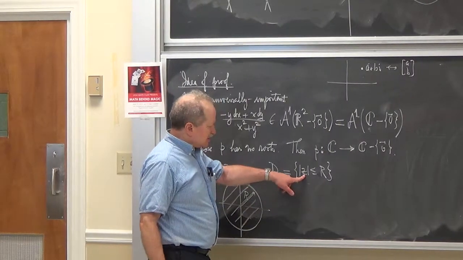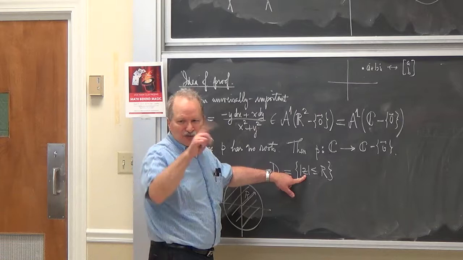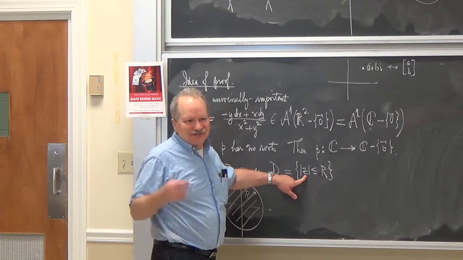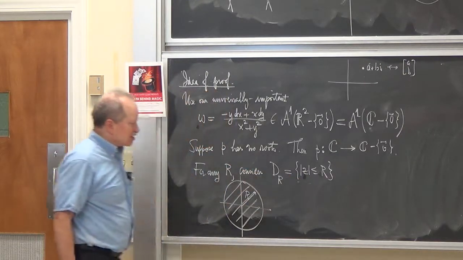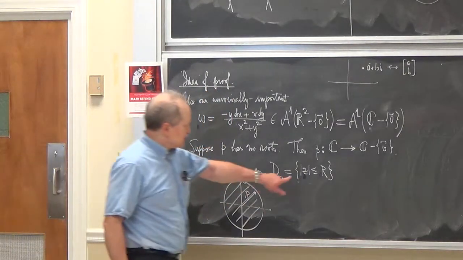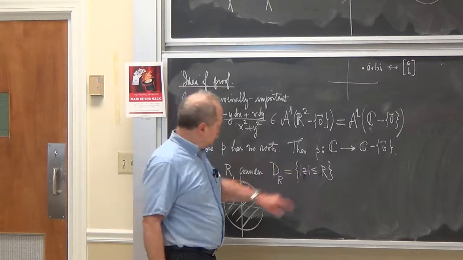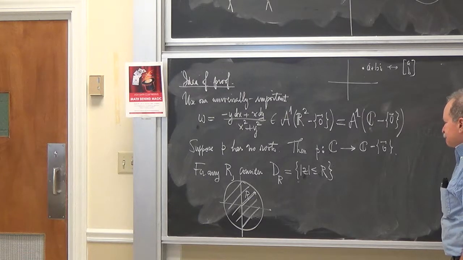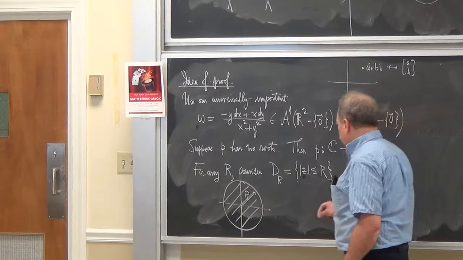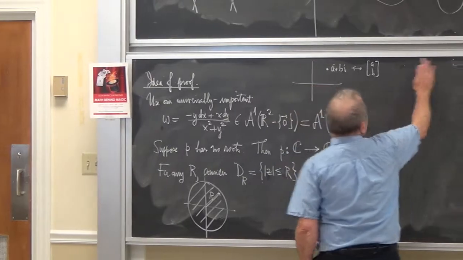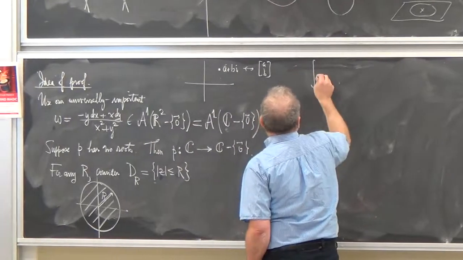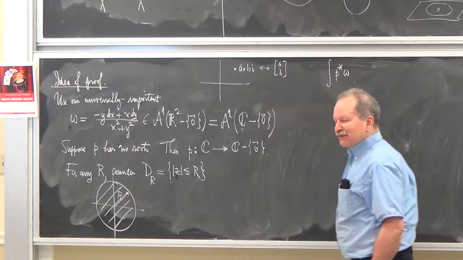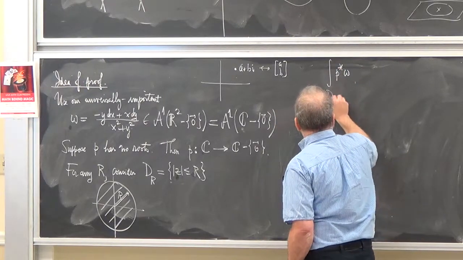That's the same thing as the length of a vector, except that with complex numbers, people write a single absolute value sign like they do for real numbers. That's just the way people write with complexes, so I'm using the same notation. It means the same thing as magnitude of a vector. Okay. So what would have to be true if I took the pullback of my omega and integrated over the boundary of the disk?